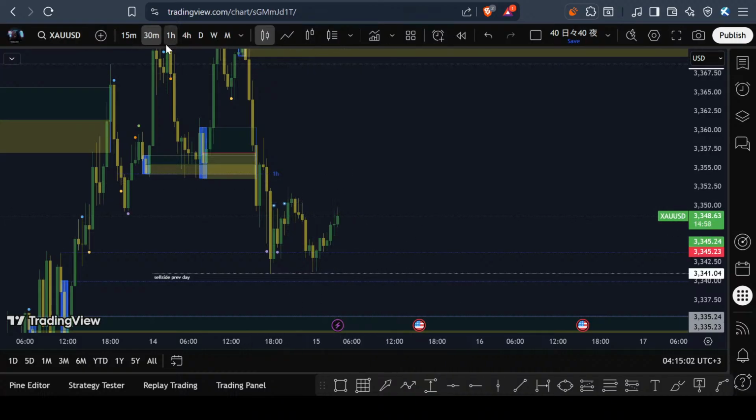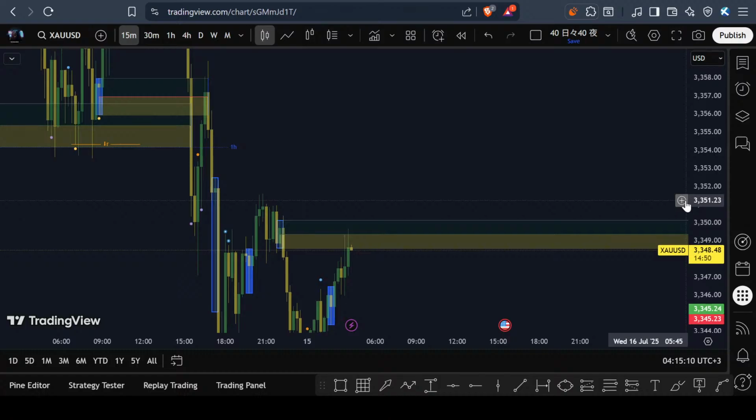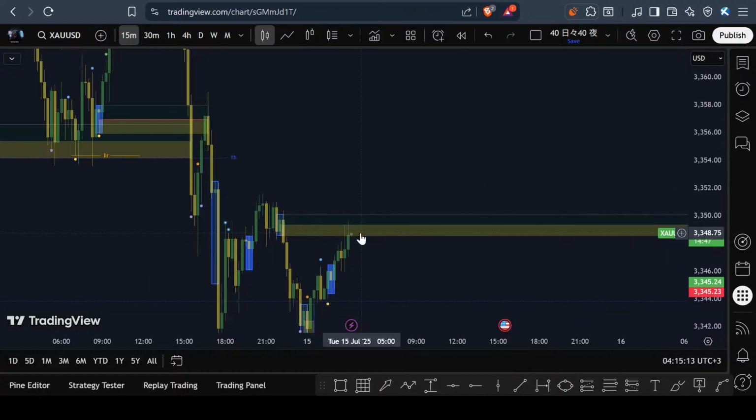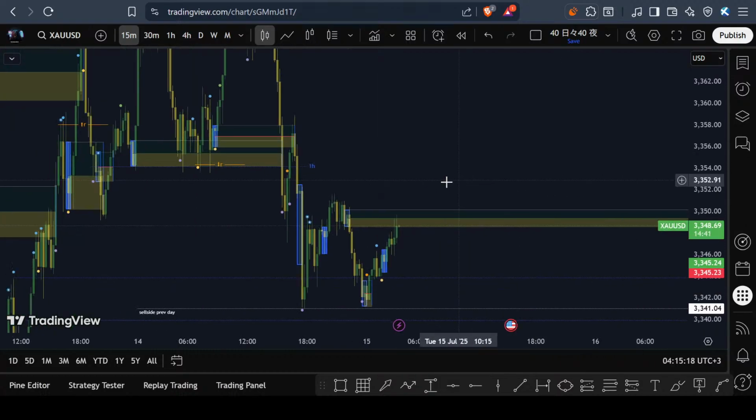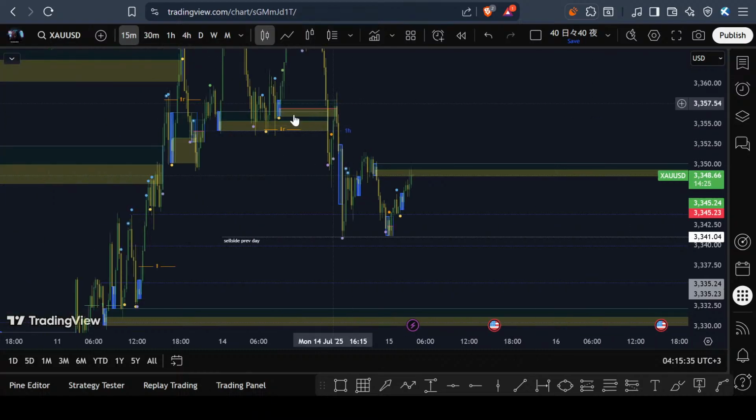Pushing lower to the 15 minutes, we're seeing we're having supply here that is holding price from continuing pushing higher. Yeah, so that is key. And I'm not marking this demand here. Why? Because it is the newest order block that has been formed on the 15 minutes time frame. It is the newest. So this is the older one.